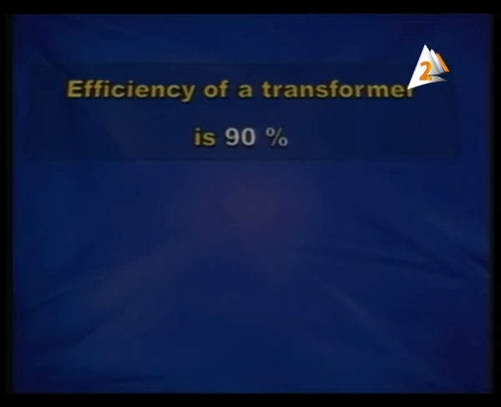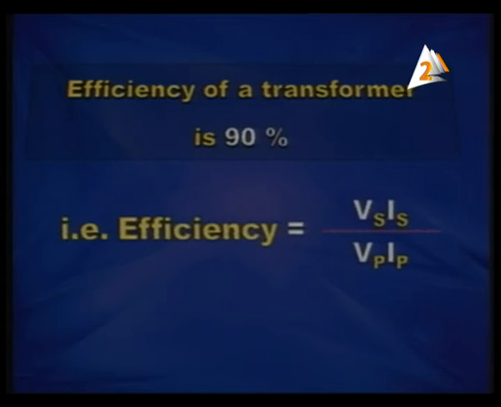Okay, efficiency of the transformer is 90%. Also, we can add something here. Yes, we can say the ratio between the produced power, VSIS, over the input power, VPIP, is equal to 90%.